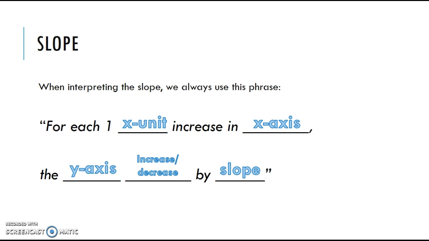So the words that are up here in blue are what you're going to fill in specific to your data. It's just really important that it follows this phrase each time we're talking about slope. I'll give you a couple minutes, or you can pause to write this down.